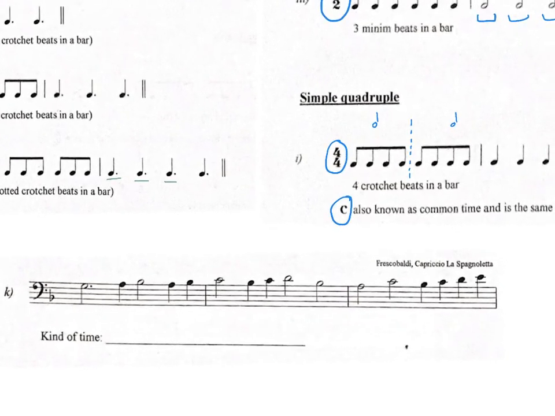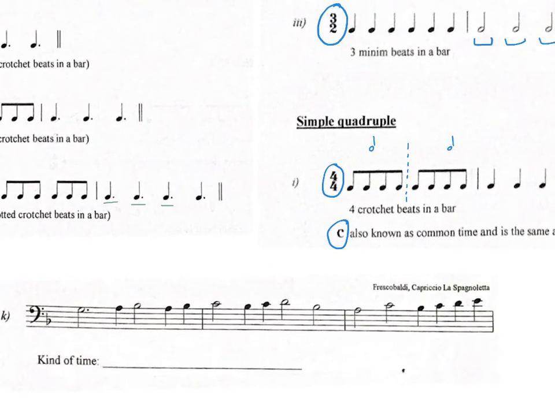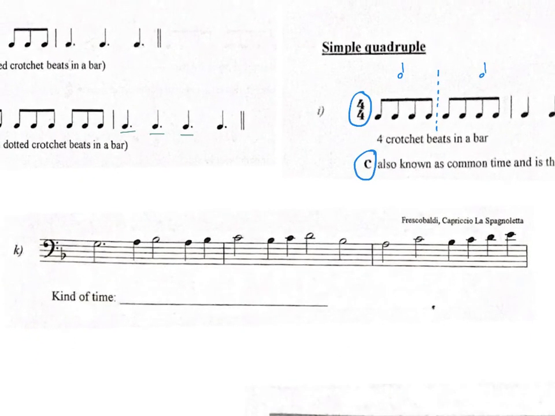I just chose a random example from your exercise, and I've chosen letter K. This is where you need to write down the key signature in the space, and then also state what kind of time it is. So let's have a look. I already look at the piece and I already go, I think I'm dealing with minims because I see a lot of minims, and so I think my time signature is going to be over 2, and now I have 3 options: 2/2, 3/2, and 4/2.